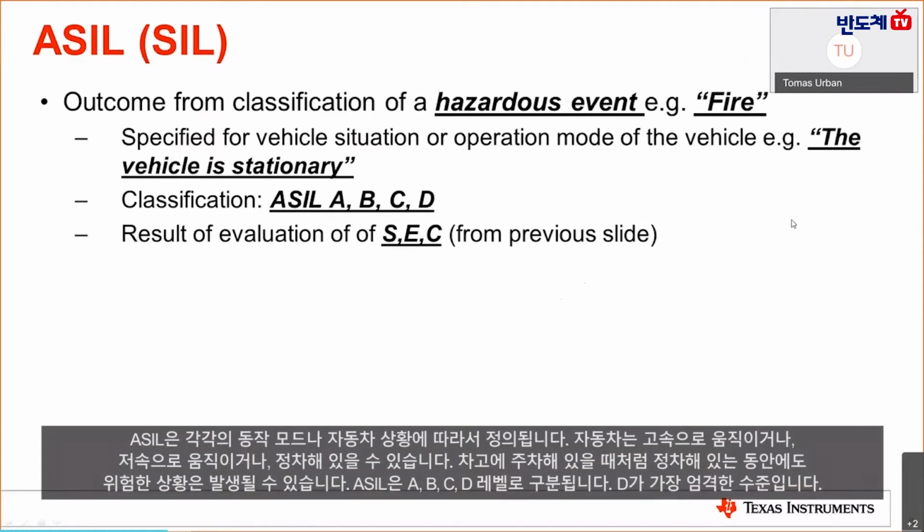It's specified for an operational mode or situation of the vehicle. The vehicle is at high speed, low speed, stationary. It's parked in the garage. Some hazards may happen even in a stationary state, of course. And the classification is done by the letters A, B, C, D. D is the most stringent one.